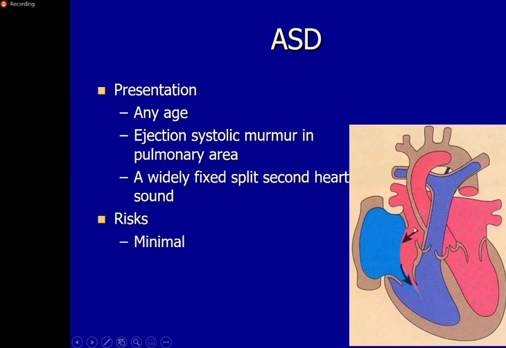So the murmur here is very, very minimal. Why? Because the pressure gradient is less. But there is a large volume of blood now going through a normal orifice. So a large volume through a normal orifice causes a systolic murmur, because there is an increase in the volume.